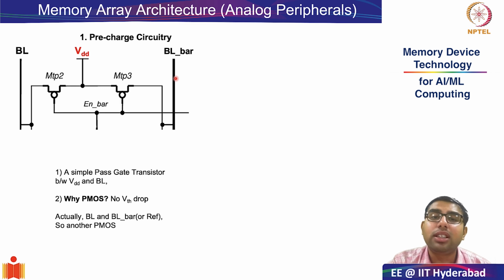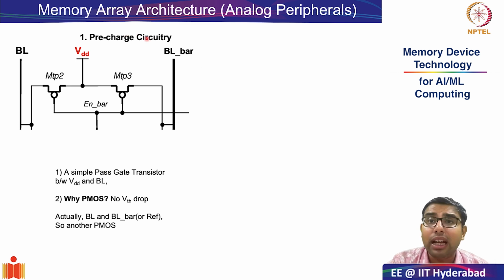Let us consider the scenario where, due to process variations, the strengths of MTP2 and MTP3 are not identical. If MTP2 is slightly stronger than MTP3, it is but natural to expect that the charging of bit line will be faster than that of bit line bar, and therefore there could also be some differential voltage between bit line and bit line bar.